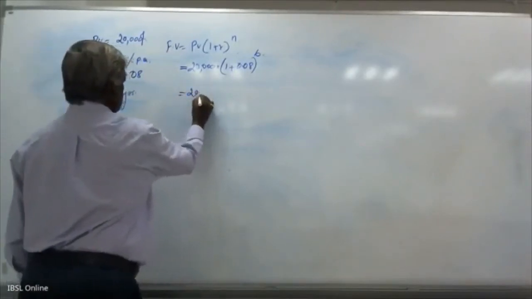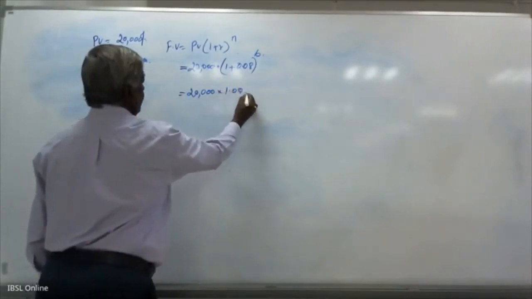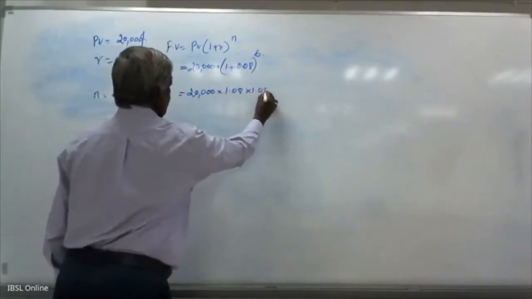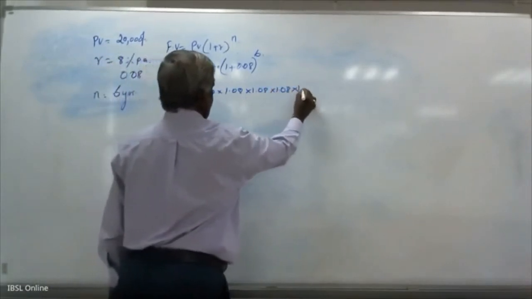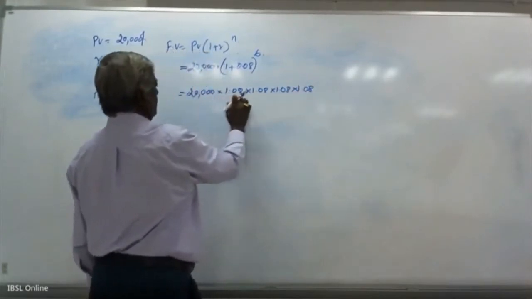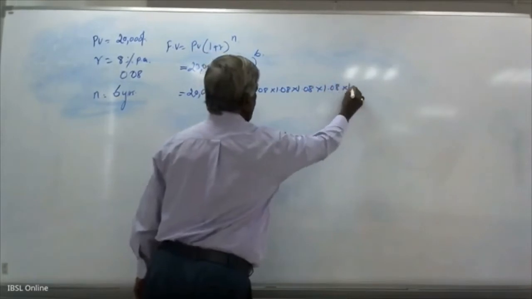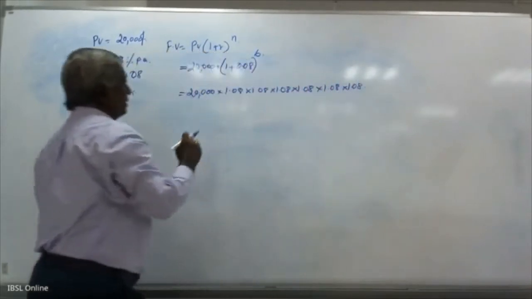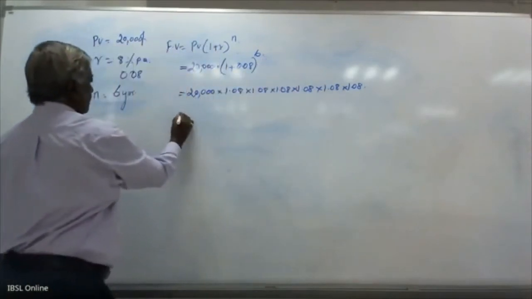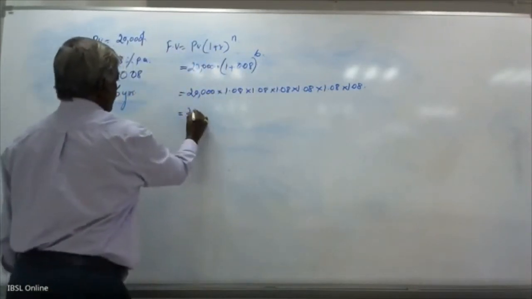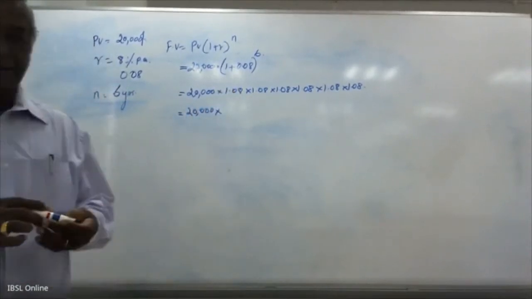That equals 20,000 into 1.08 into 1.08 into 1.08 into 1.08, 1, 2, 3, 4, into 1.08 into 1.08, 1, 2, 3, 4, 5, 6. So that is equal to 20,000 into 1.08, 6 times.